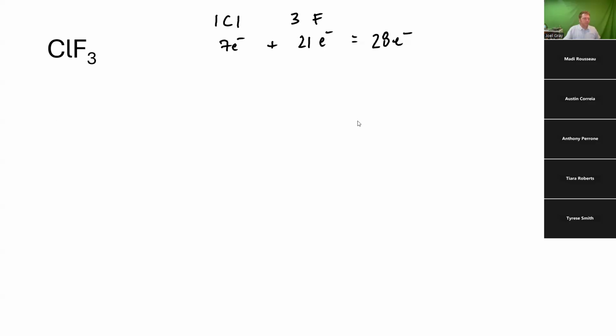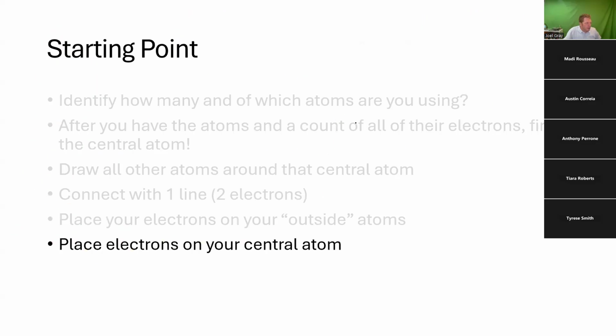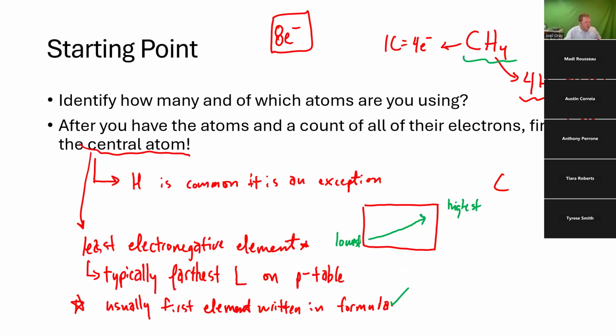Which is my central atom? So then we go back to our guideline. It's not hydrogen, that's not in this formula at all. If it's the first element listed, that doesn't really help us. Farthest left on the periodic table, oh, they're in the exact same column. That doesn't help us at all.